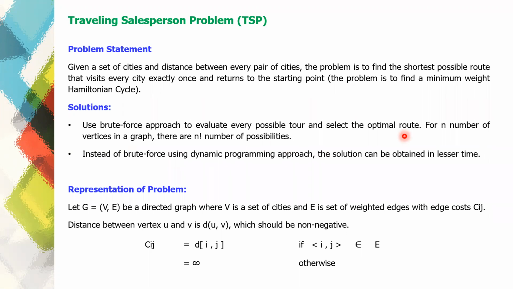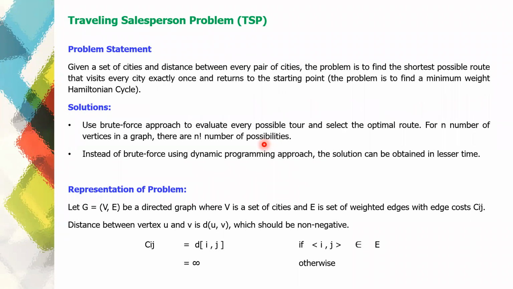And if you are using the brute force approach, a blind approach, attacking the problem without any particular technique, then it is going to take n factorial amount of time. If there are n cities, given n cities there will be n factorial different possible routes.